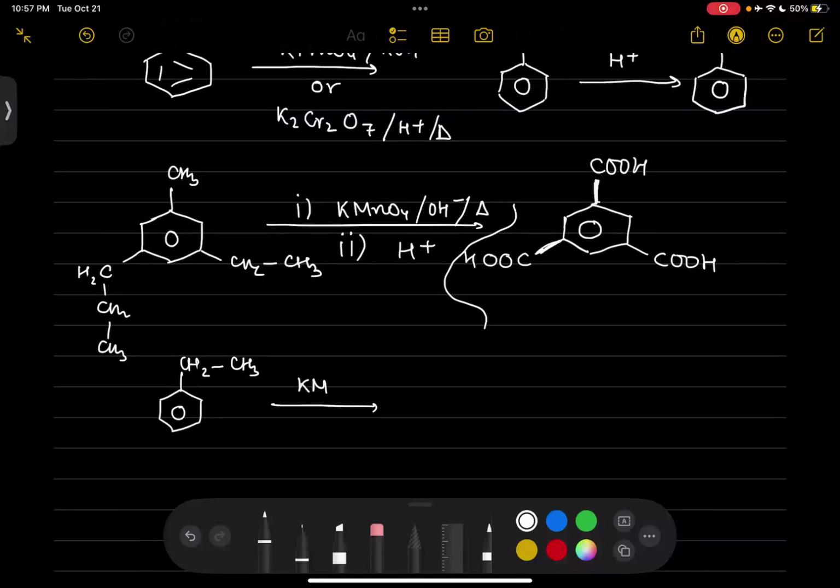Yeah, KMnO4, OH minus, heat. And because it is OH minus, you need to put H plus also in the last step so that you can get COOH. Got it? Clear?